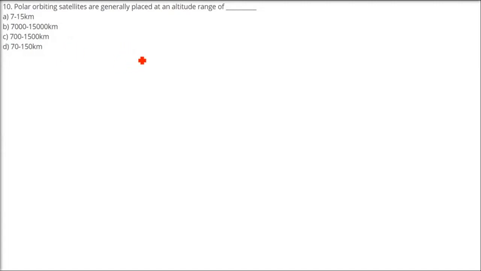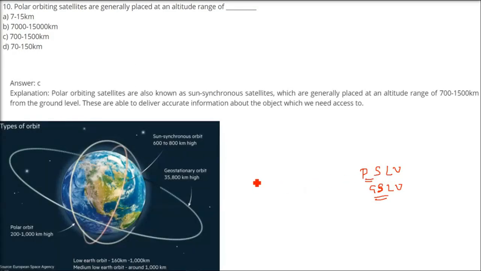Polar orbiting satellites are generally placed at an altitude range of... Whenever we launch something, for example, ISRO launches or the American space agency does it, they say PSLV launch, GSLV launch, that is Polar Satellite Launch Vehicle and Geostationary Satellite Launch Vehicle. Why are the names like this?